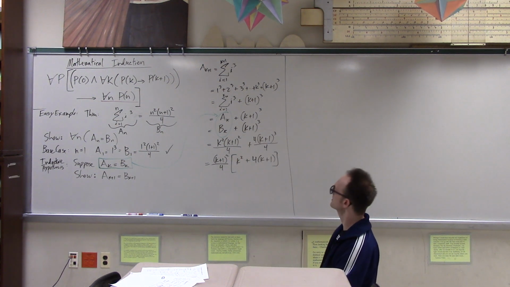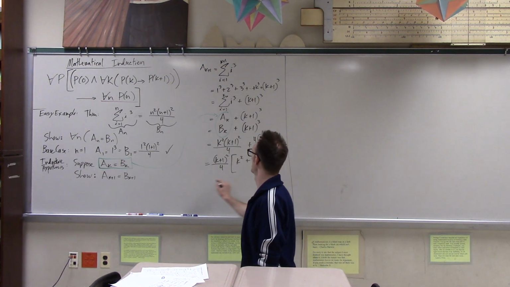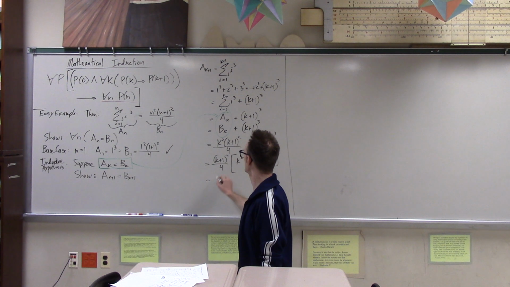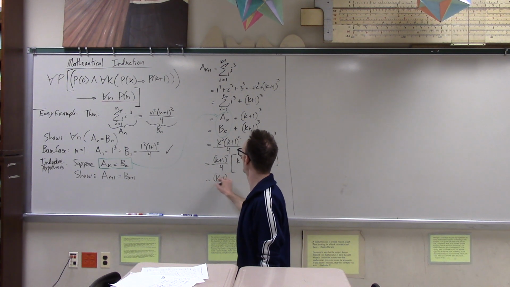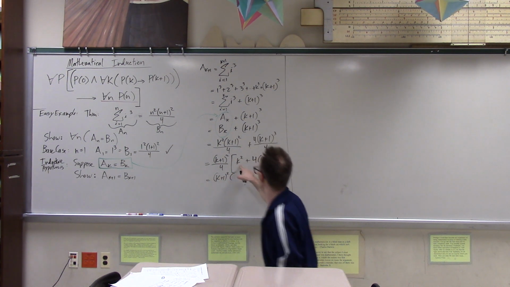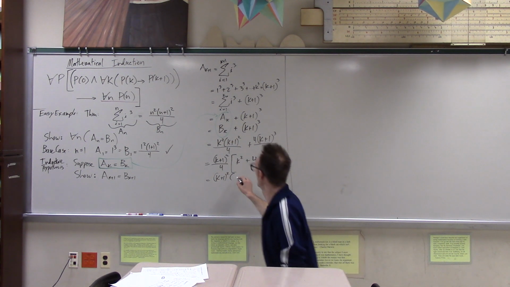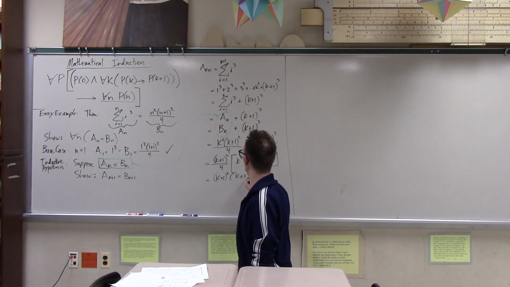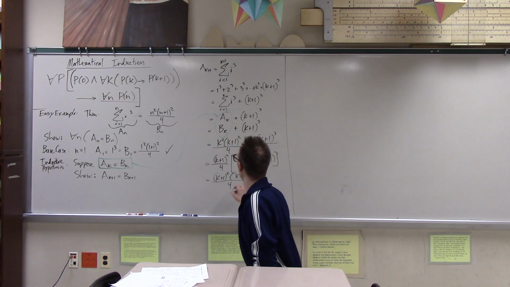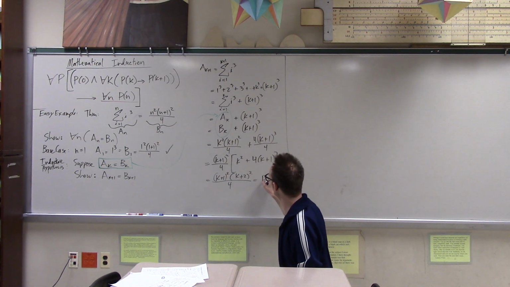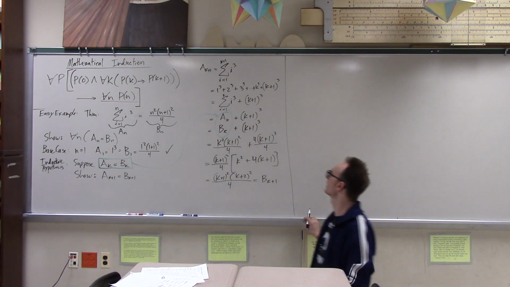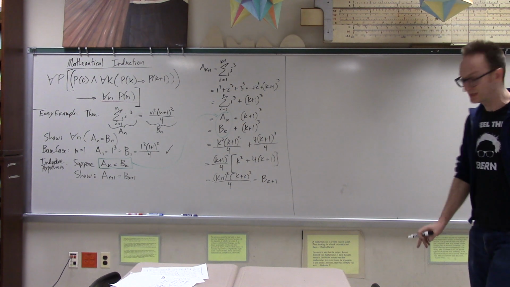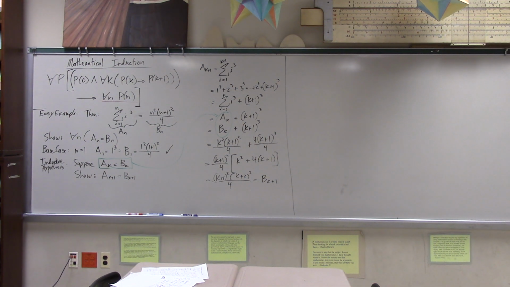And now we're just kind of done because this is (k plus 1) squared, but this is k squared plus 4k plus 4, which is just (k plus 2) squared over 4. And then this is, by definition, b sub k plus 1. Okay, so what happened, and there's this magic moment when everything always just works out.